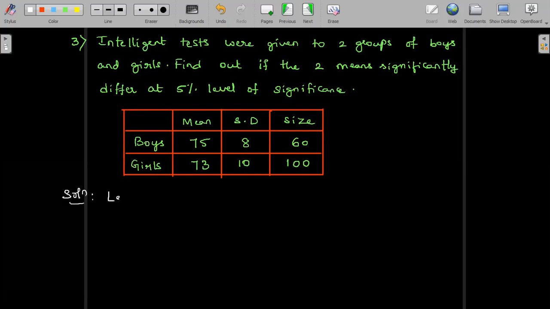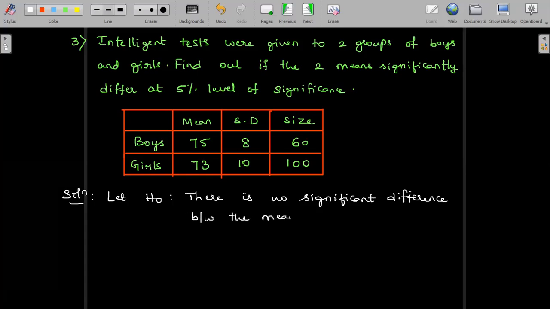So let us first assume the hypothesis that there is no significant difference between the mean scores. With this assumption, let us write down the given data symbolically.